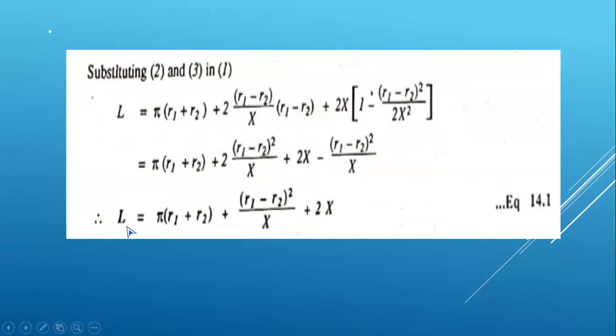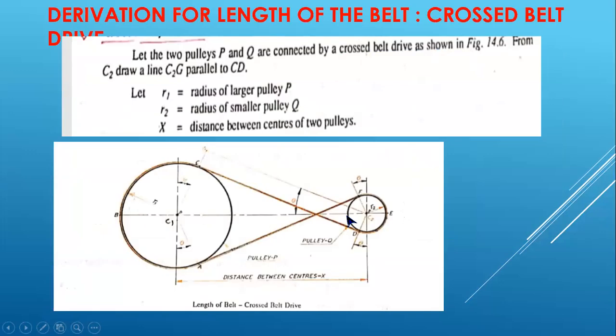This is the equation. I told you pi r1 plus pi r2. Taking pi outside, that becomes pi times (r1 plus r2), plus the square term, plus 2x. That is the length of the belt on the tight side as well as the slack side. This is the equation for the length of the belt. In the same way, calculate the length of the belt in case of the cross belt drive.